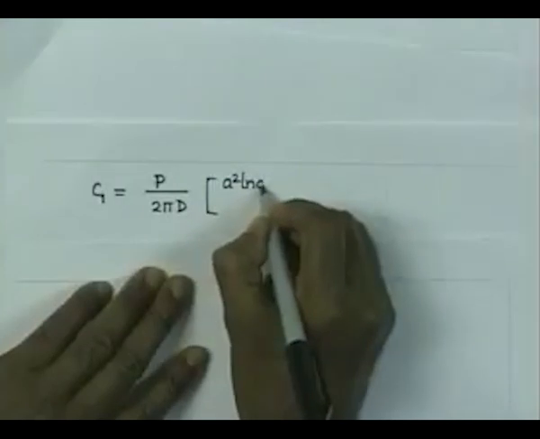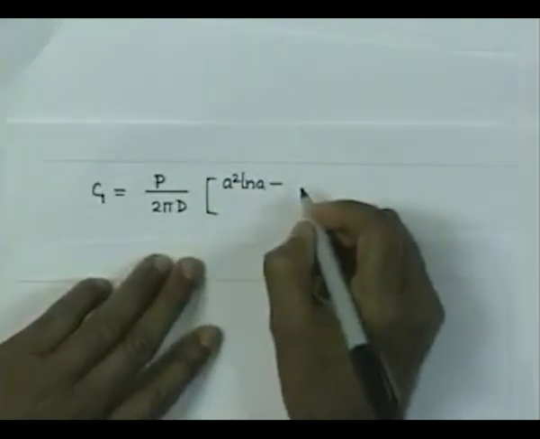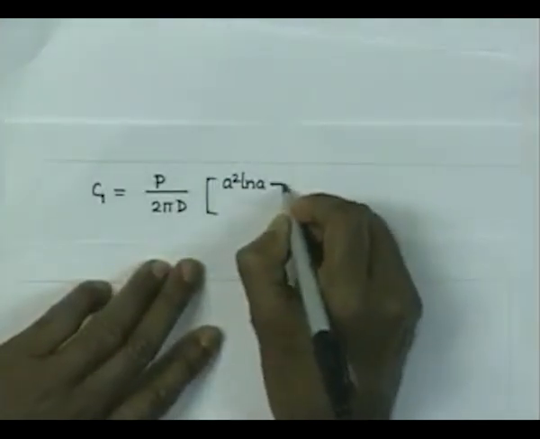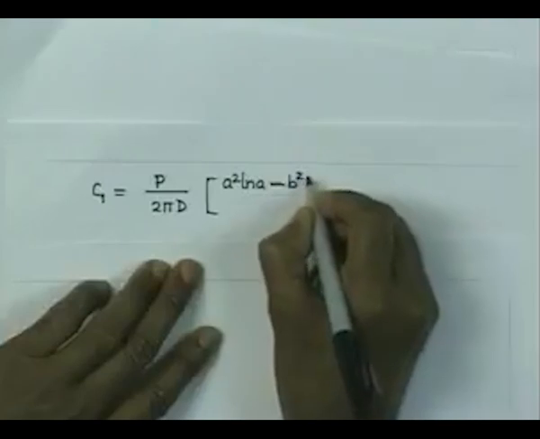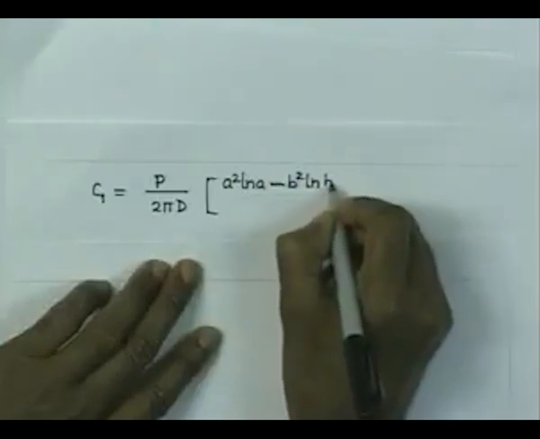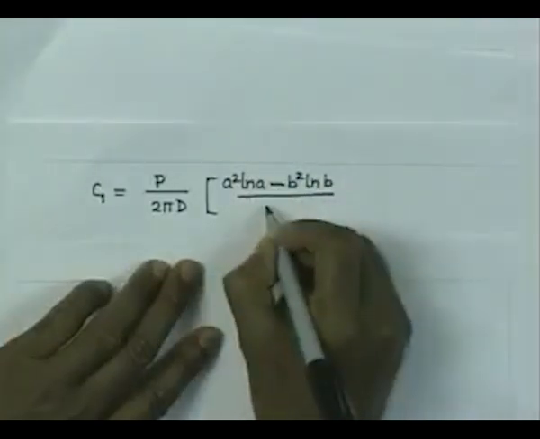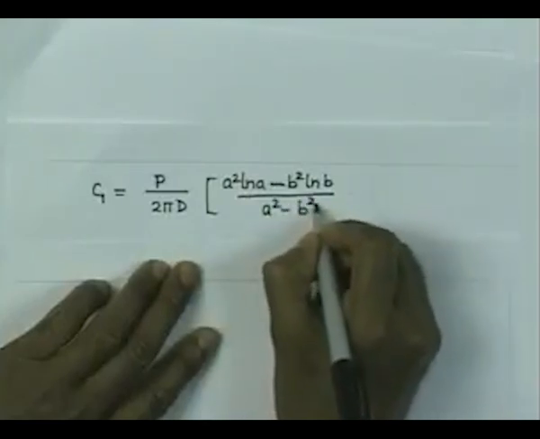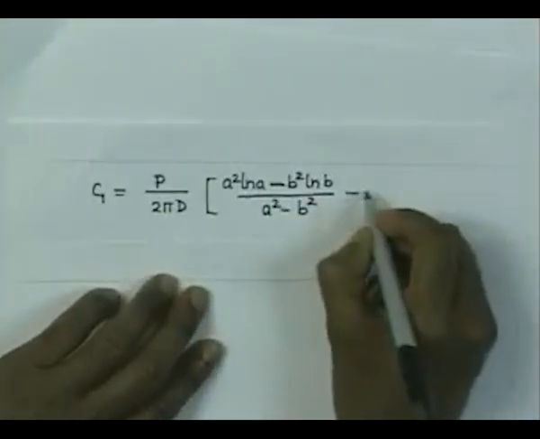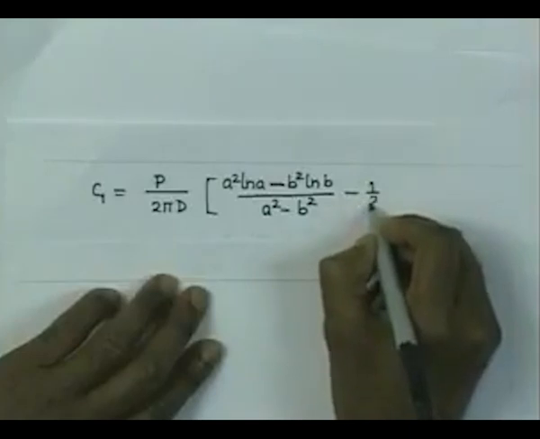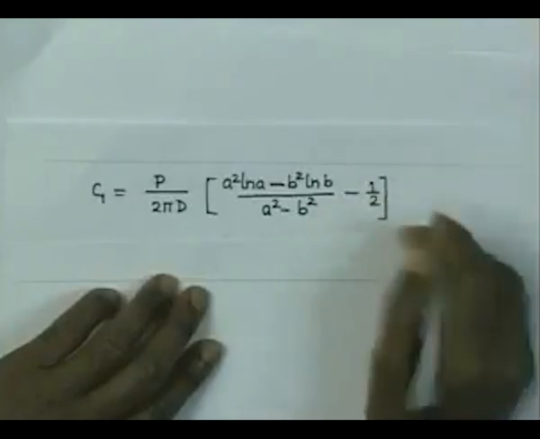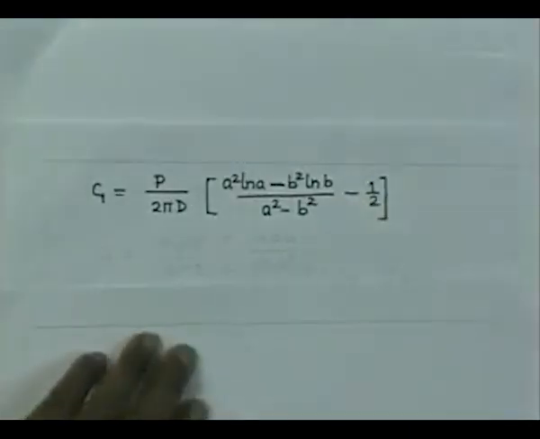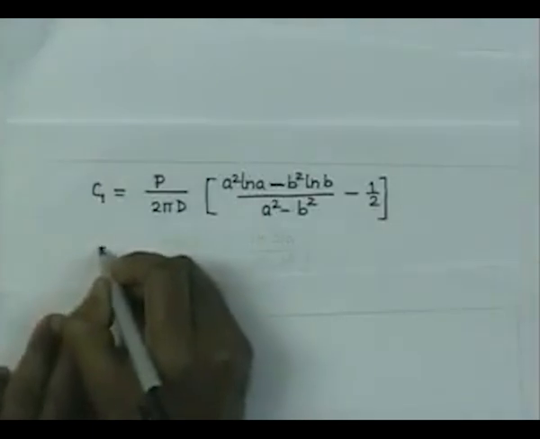P by 2 pi d into a square ln a minus b square ln b divided by a square minus b square minus half, that is C1.